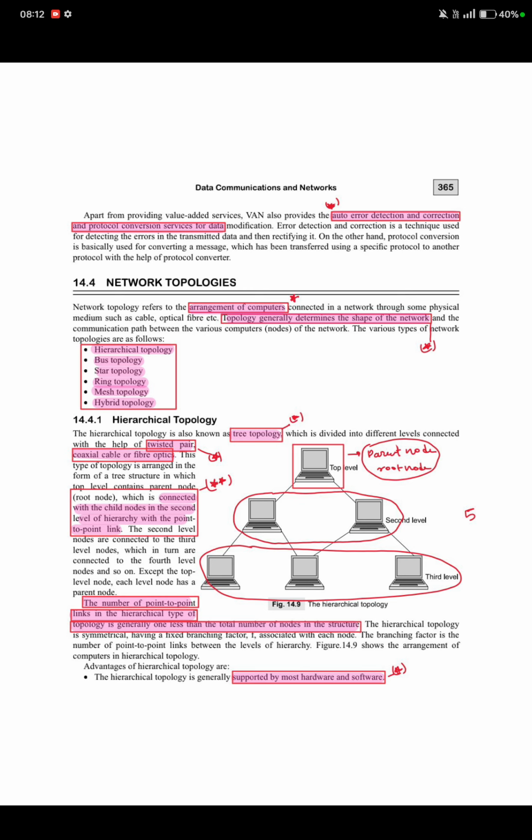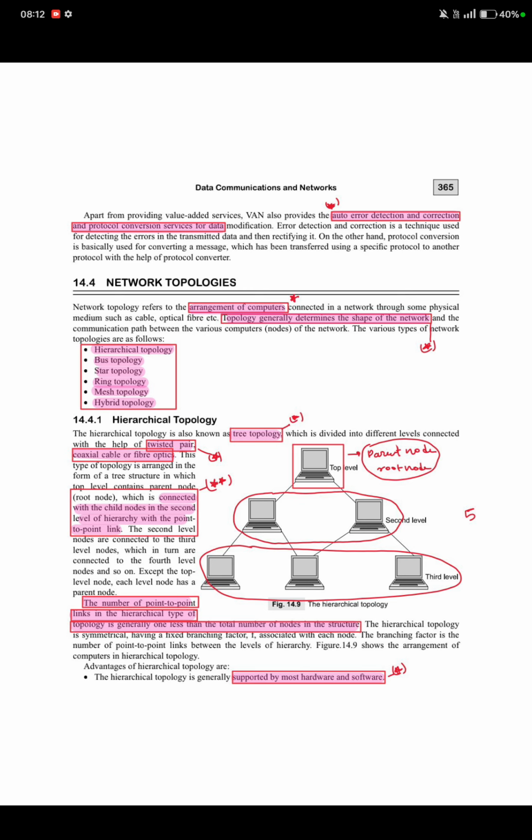The top layer contains the parent node, the root node, which is connected with the help of twisted pair, coaxial cable or fiber optics to the child nodes in the second level of hierarchy with a point-to-point link.